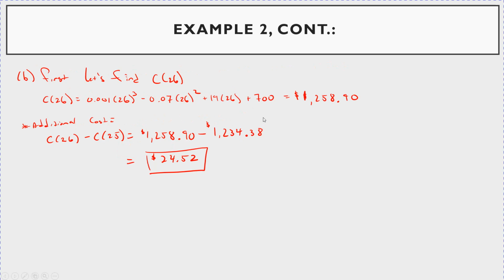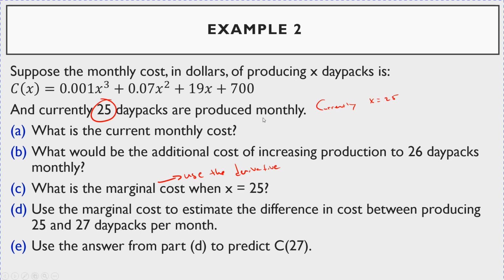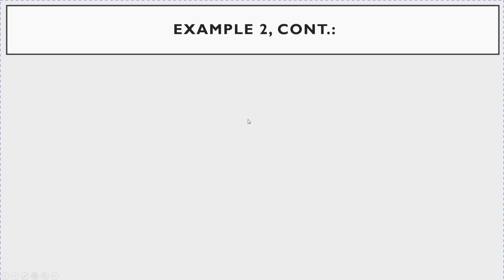Okay, the next part, D, says use the marginal cost to estimate the difference in cost between producing 25 and 27 day packs. So we want the additional cost to go from 25 to 27. It says use marginal cost here. Well, that's a difference of 2.